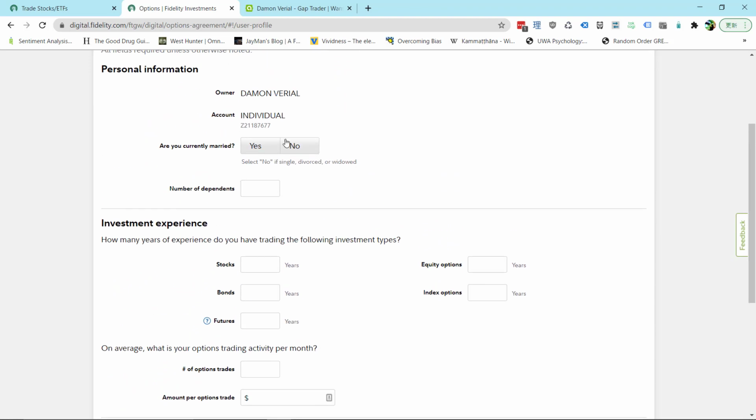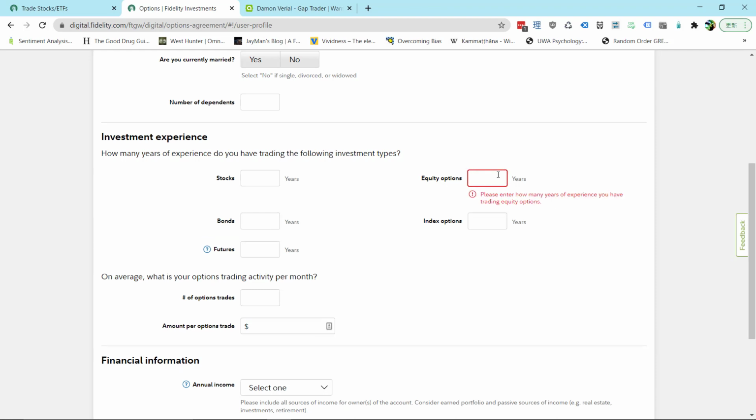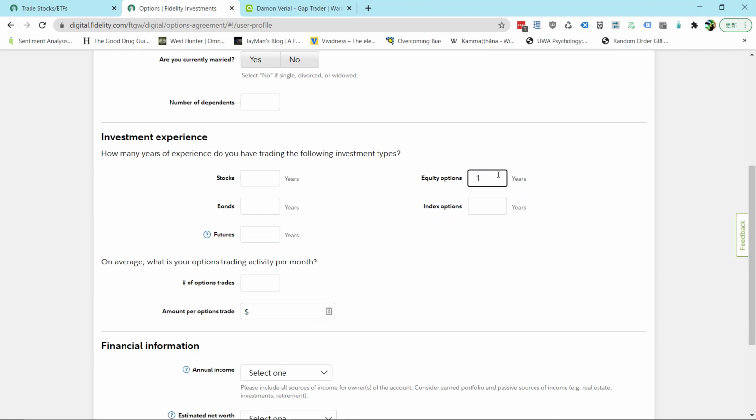This stuff, married or not, doesn't matter. Investment experience, stocks, bonds, futures, whatever. None of this really matters except for equity options. Now, if you've never traded options before, it's probably not a good idea to type 0 years. I'm not telling you to lie here, but at the very least, I'd put 1 year because let's say you've started learning about options.